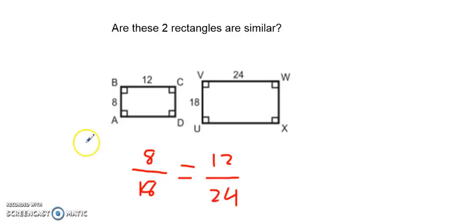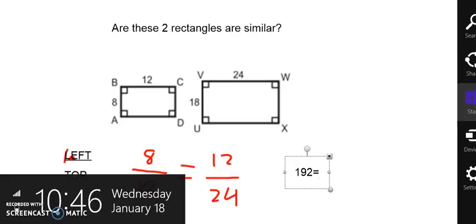So we did the left side over the top. Now we have 8 over 18 and 12 over 24. We can do this one of two ways. We can do the cross multiplication, in which we would get 24 times 8 is 192, and we have 12 times 18, which is 216.